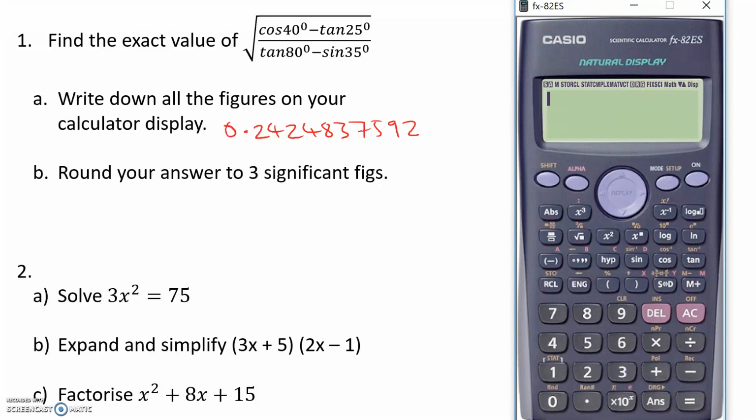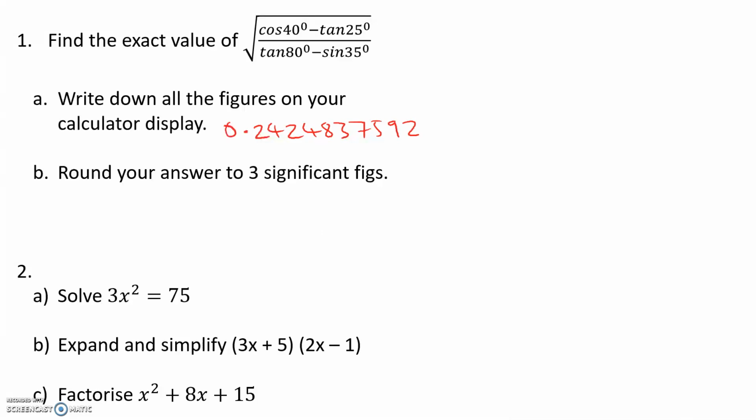So much easier. Okay, right, round your answer to 3 sig figs, 3 significant figures. So we know we've got 0.2424, blah, blah, blah. Is the leading 0 significant? No, don't count it if it's a 0 that comes first. Okay, the first significant figure is that one, that one, that one.